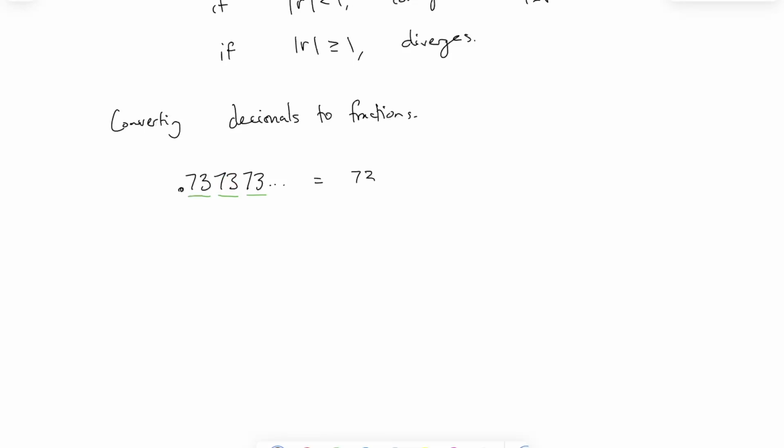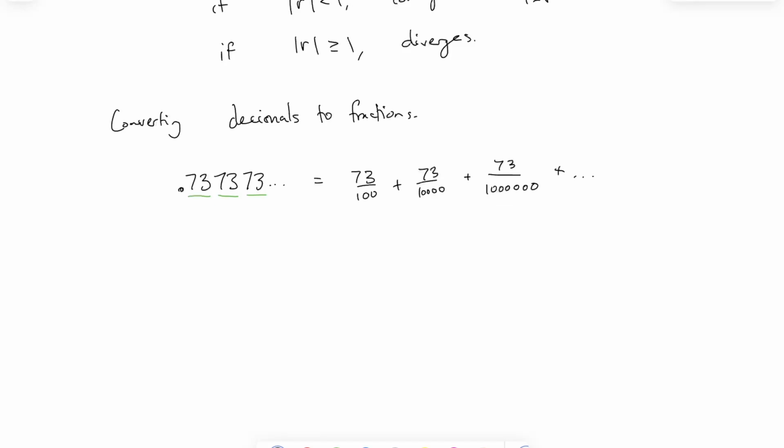I'm thinking of it like this: 73 over 100. That's the first underlined 2 digits, 73 hundredths. And then the next underlined 2 digits would be 73 over 10,000. All right, I'm taking two more zeros in the denominator every time. And this is 73 millionths, etc.